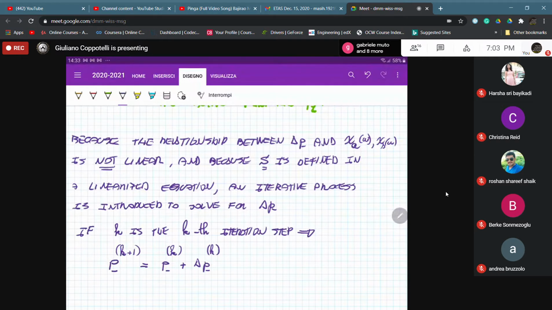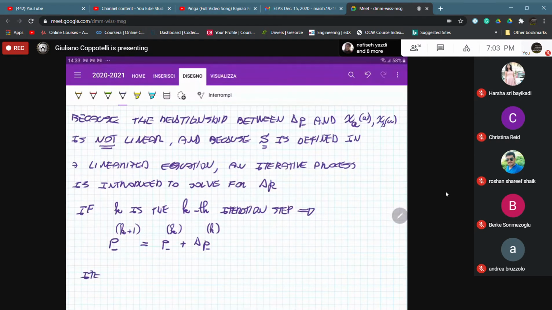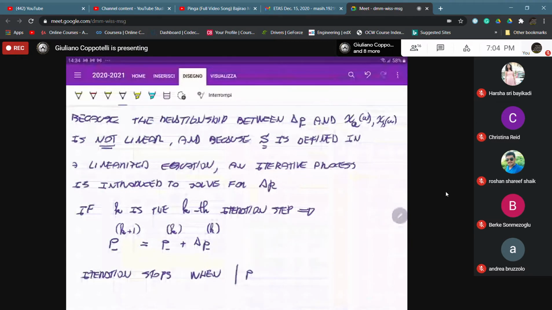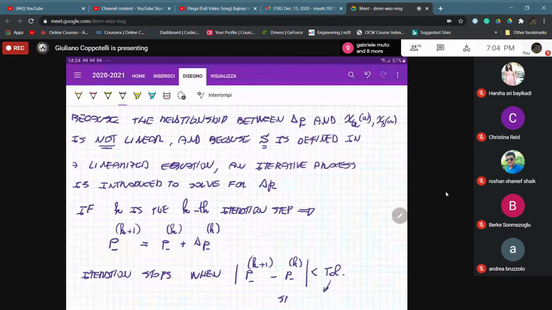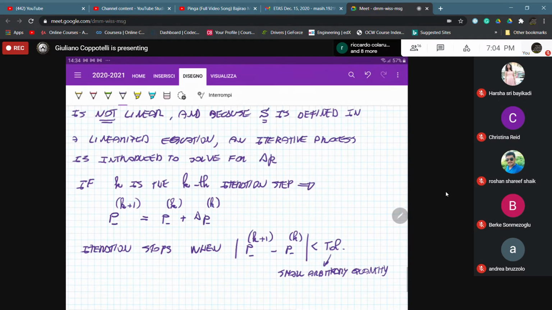And then the iteration stops when, for example, the amplitude of the vector, the difference between the design parameter vector at iteration step k plus 1 and that at iteration step k, is less than a prescribed quantity, a small arbitrary quantity defined by you, a given tolerance.